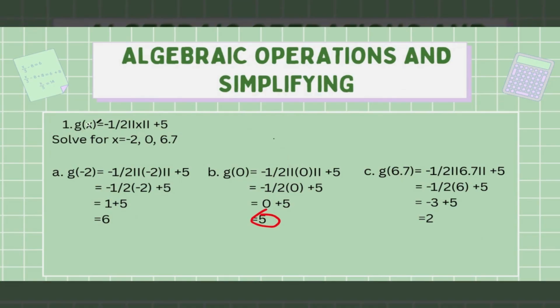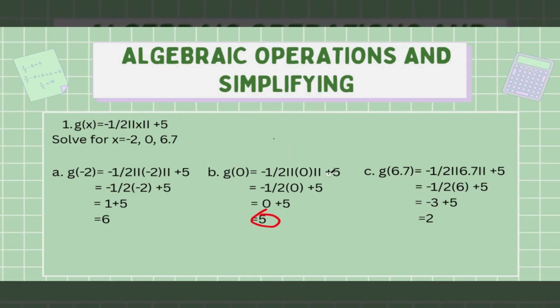Let's take a look at a second example. G of x equals negative 1 over 2 times greatest integer of x plus 5. We are going to be looking at b now. G of 0 equals negative 1 over 2 times greatest integer of 0 plus 5.